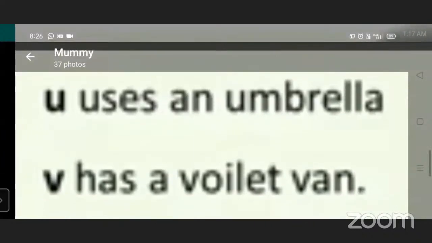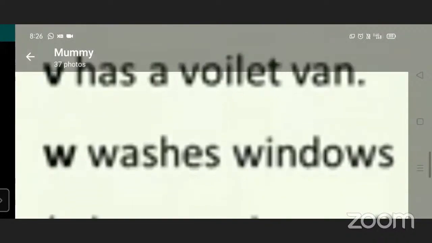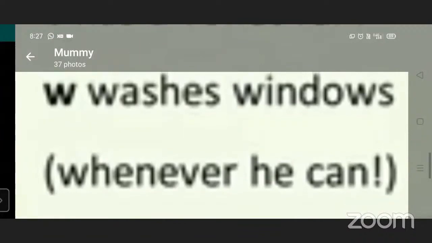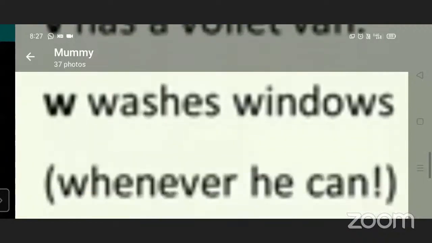V has a violet van. W washes windows. Yes. Whenever he can. Whenever he can. Okay. Yes. Now we read.